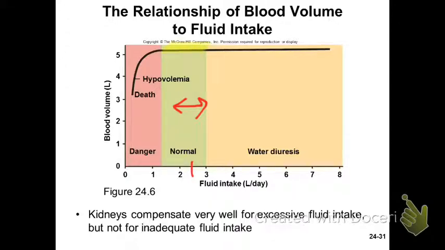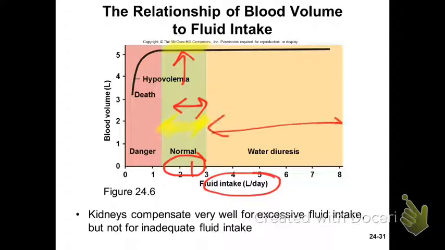So what that tells us is that within this normal range, the body has no trouble with this much fluid coming in every day to maintain a flat line on your blood volume. And even if you drink way more every day, 3 to 8 liters, look at this, the kidneys are still able to deal with this, and you're still going to have a flat line.